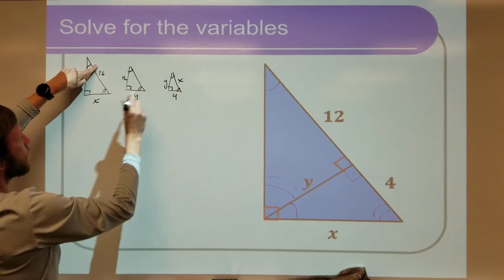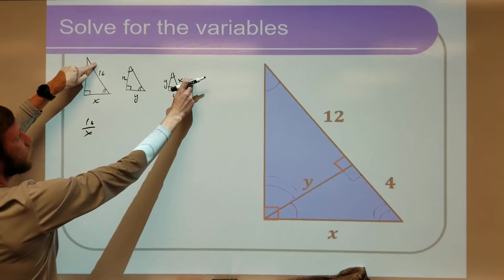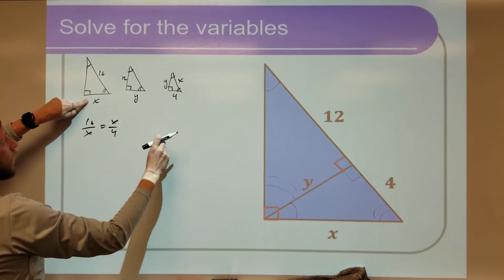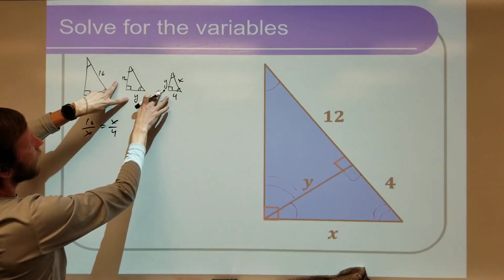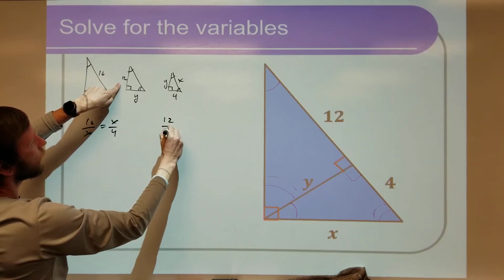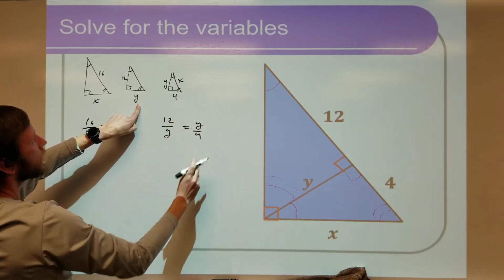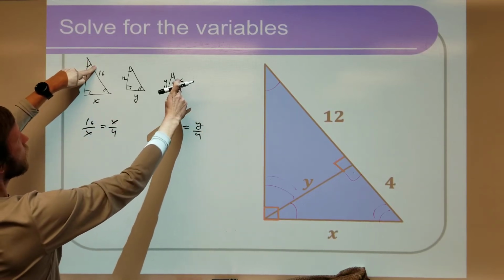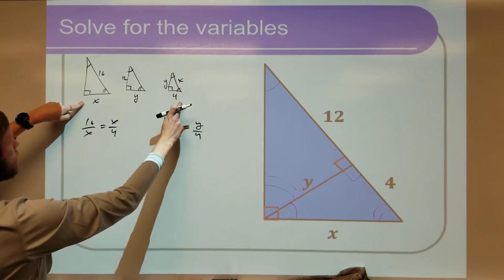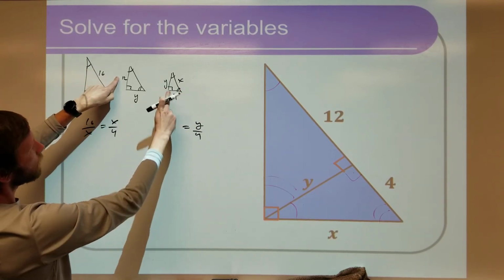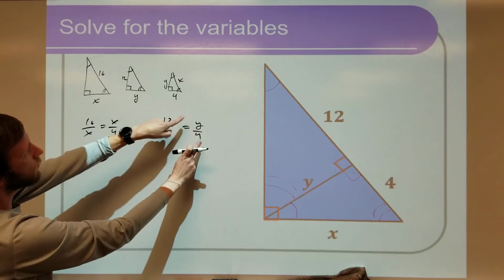So 16 over x is equal to x over 4. And then for the y's, I've got the long legs, 12 and y, and then I've got the short legs, y and 4. So this is big to small, big to small, medium to small, medium to small.